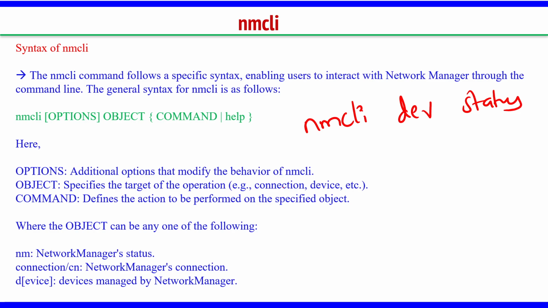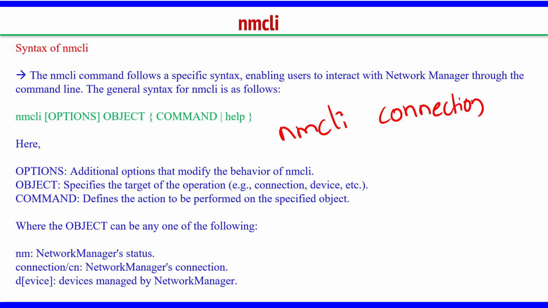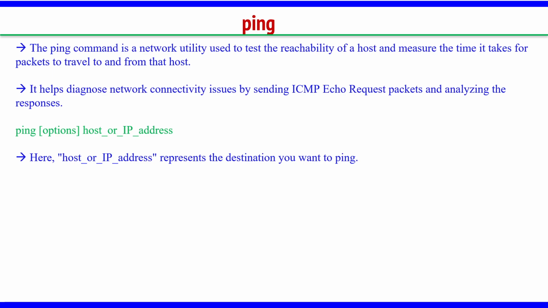Like this, if you want to know what all connections my system is connected to, there also you can give nmcli connection show. What is the use of this? It will show you all the network connections which I have connected with. I understand theoretically it is very difficult for you. Once we see the practical part, you will understand them better.